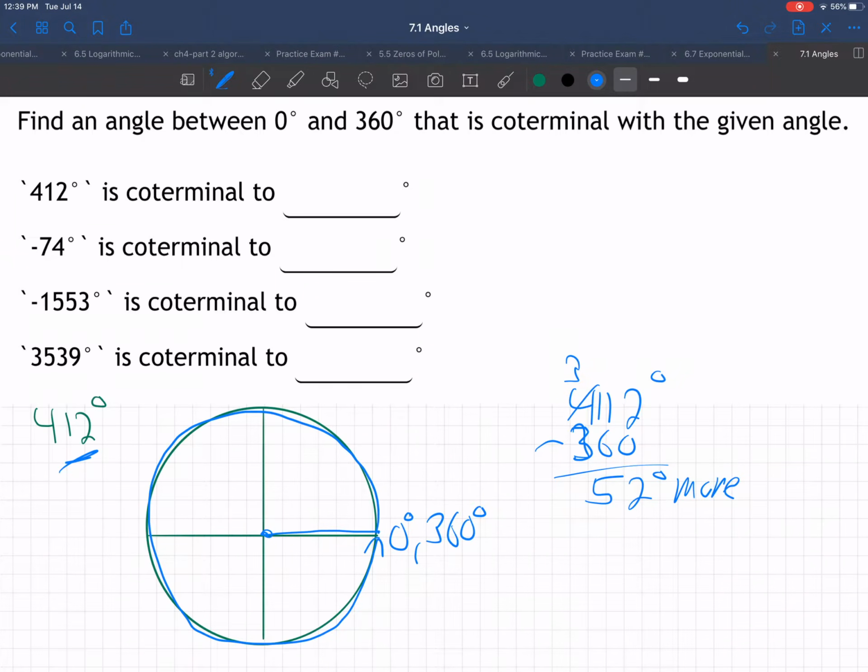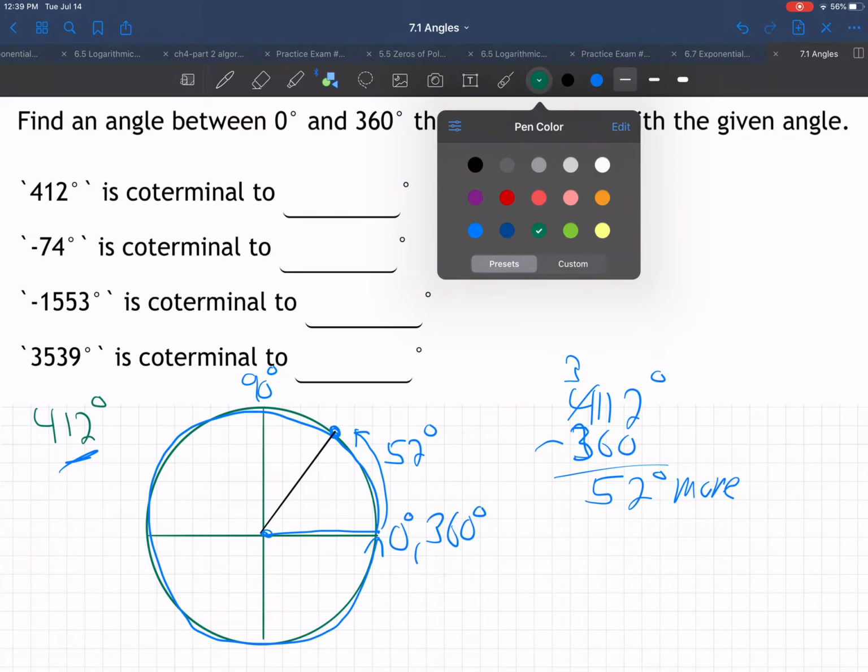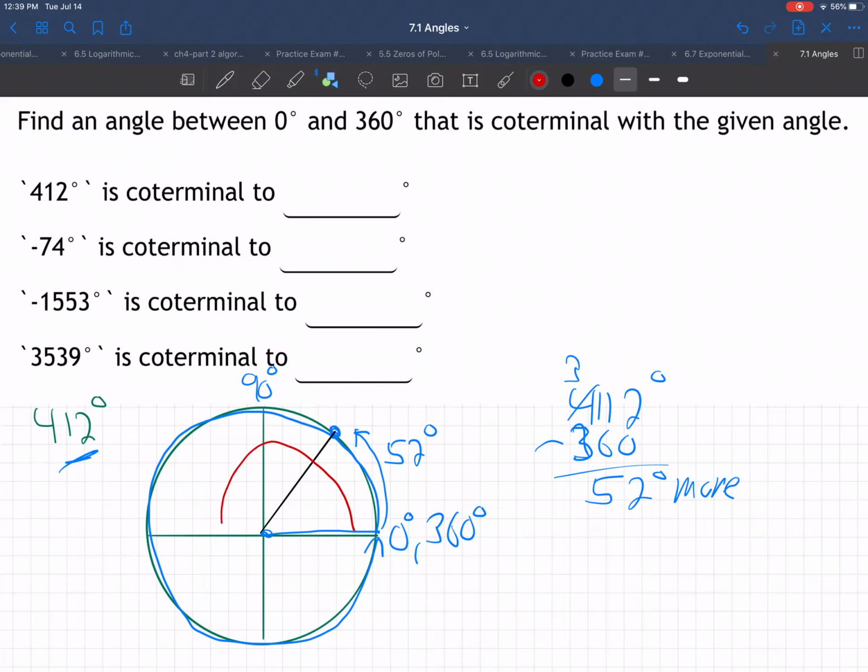So that's 52, well, this is 90 straight up, so it's a little more than half. So maybe to about there. I'm just kind of eyeballing it. So that's another 52 degrees, and then there's where the angle ends. So in other words, start here, go all the way around, and go there.